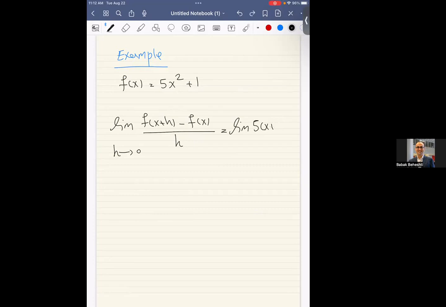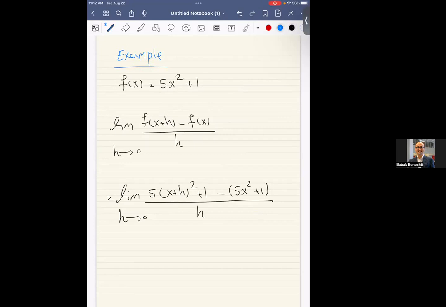Maybe let's do this. This is the limit as h goes to 0 of, this is f of x plus h, and then f of x is just 5x squared plus 1, divided by h.